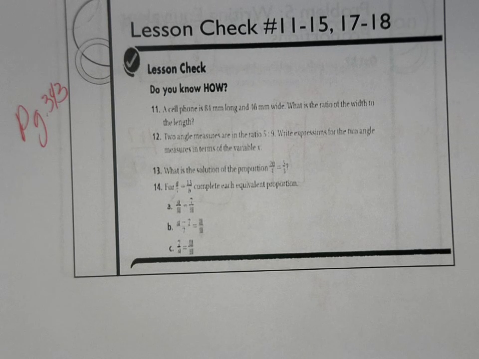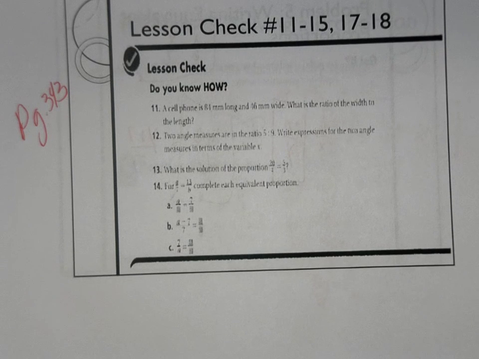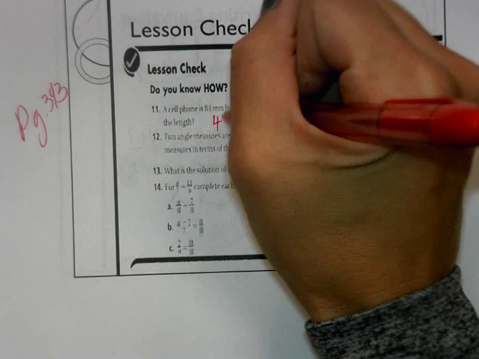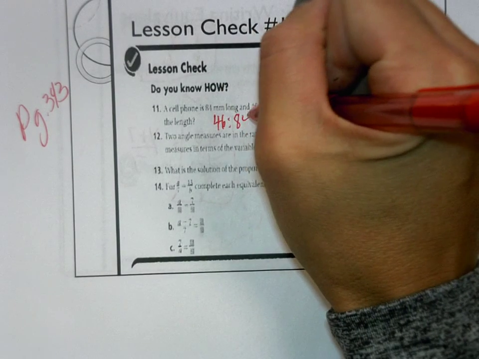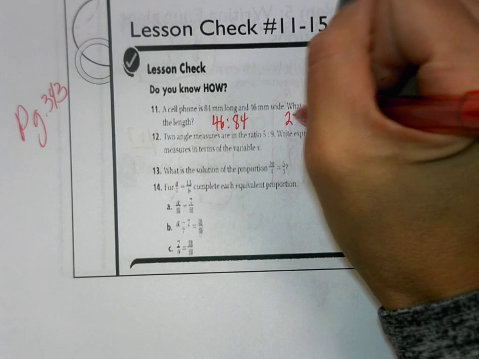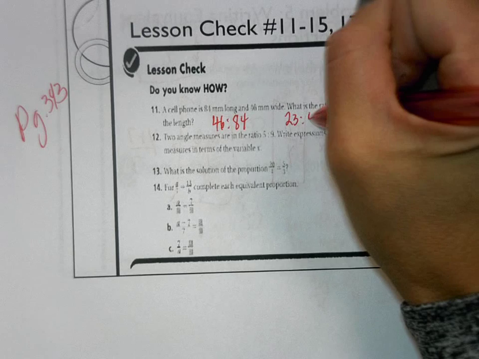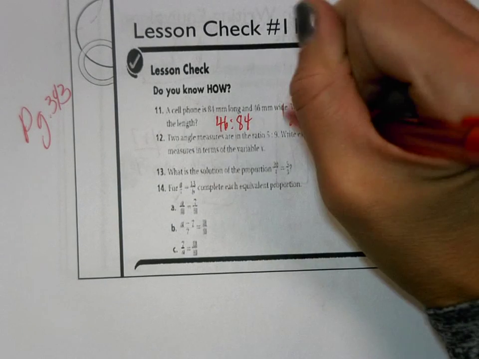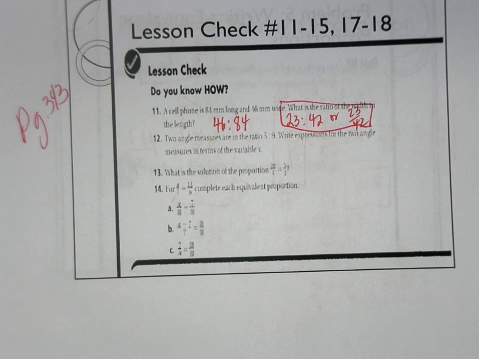Okay, so it says to write them width versus length. Which one is width? What number? 46 to 84, and then you would reduce it by 2, and so 23 to 42, or 23 over 42. Either answer works. Okay, number 12.